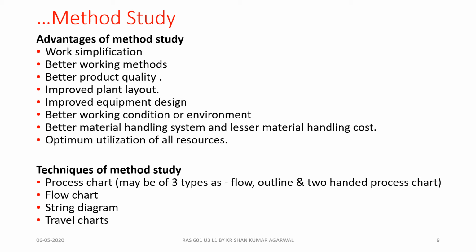And by studying through the process chart, flow chart, string diagram, and travel chart, one can improve the working conditions in the plant itself, the working methods while producing the product, and also work on the quality of the product.